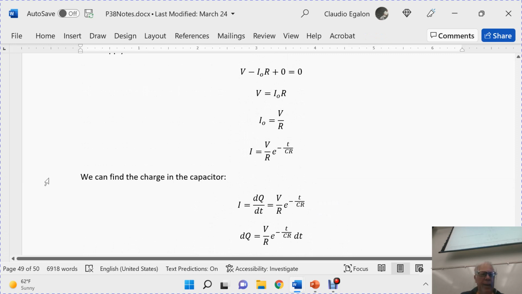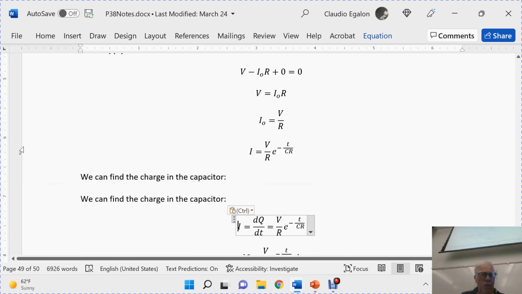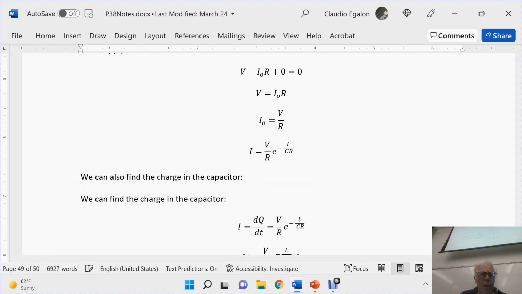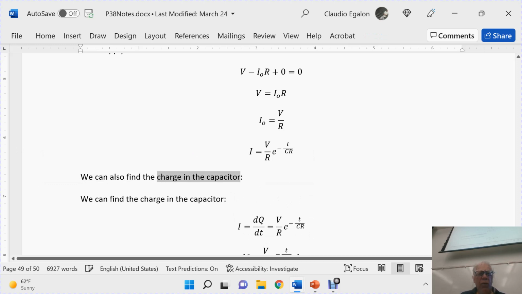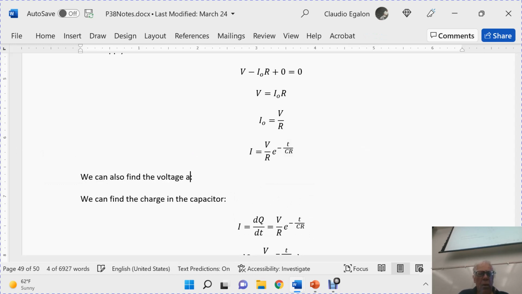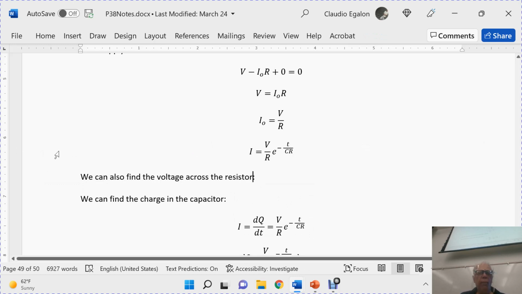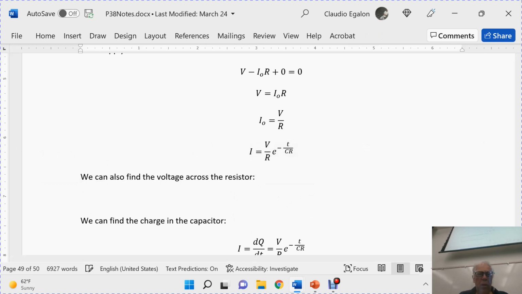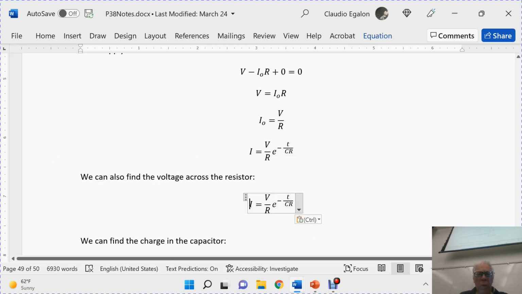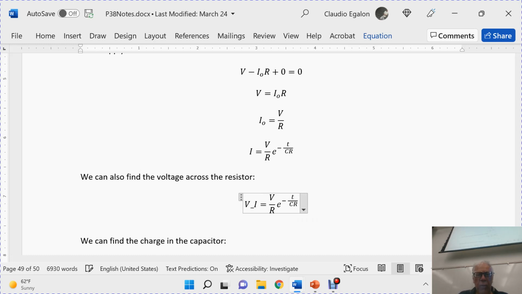In addition to finding the charge in the capacitor, we can also find, I should have done that before because it was easier, the voltage across the resistor. And that's straightforward. The voltage across the resistor is what? We can use Ohm's law. Voltage across the resistor is Ri.